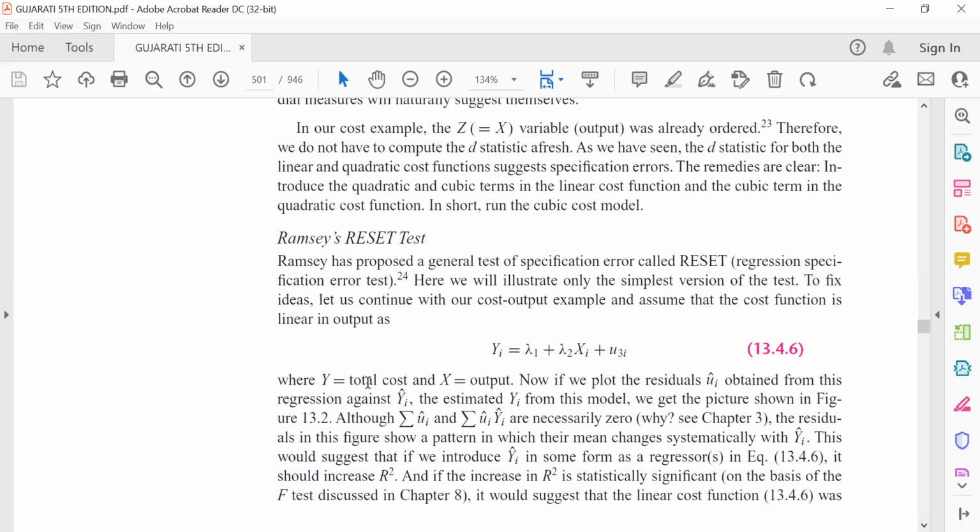Now, if we plot the residuals from equation 13.46 against its predicted value, we see figure 13.2.